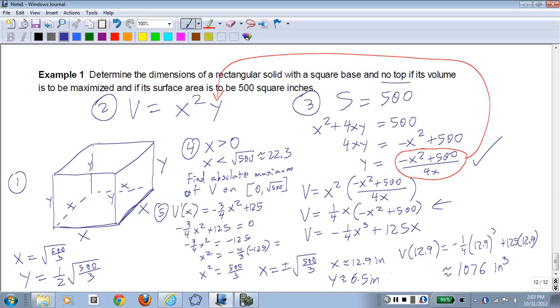And if we began and just said, let the surface area be S instead of some specific number, we could express it all in terms of that and show that y was exactly half of x. But we've got specific values here. So these are the dimensions. And this is the volume.